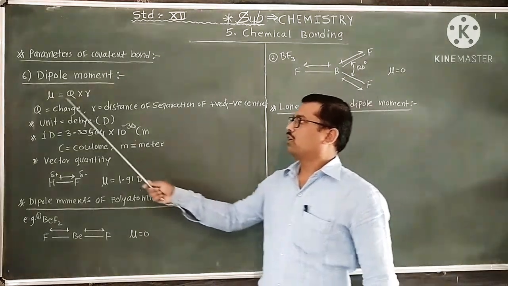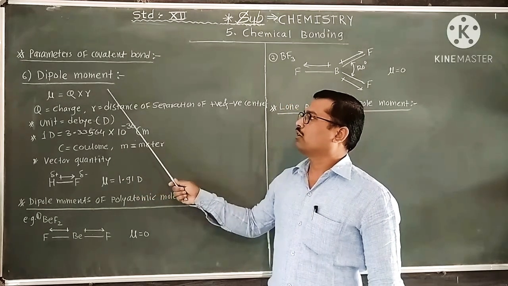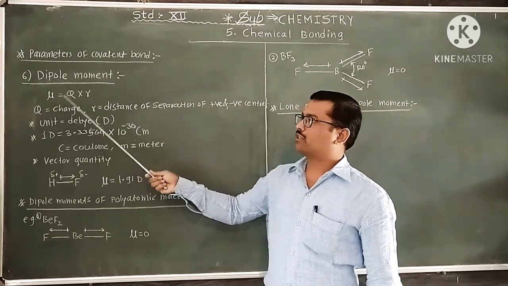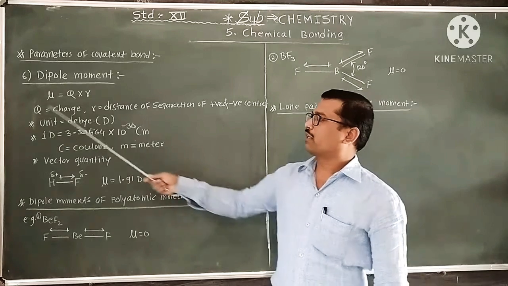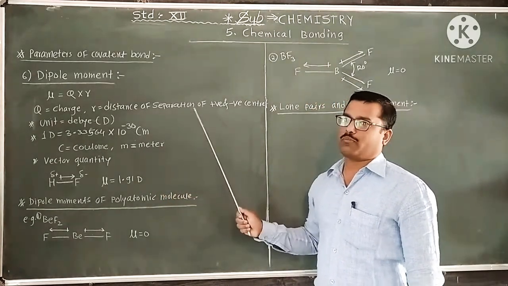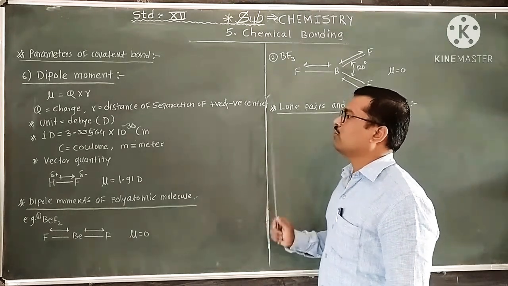Dipole moment ची definition काय आहे पहा. And the formula is mu is equal to q into r. Here q is the charge and small r is the distance of separation of the positive and negative centers.